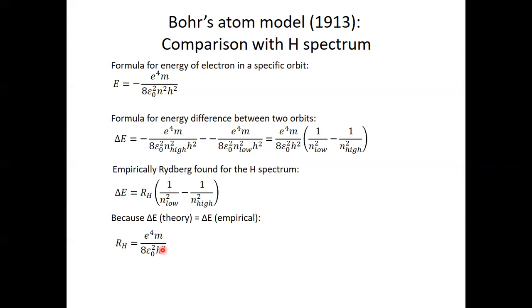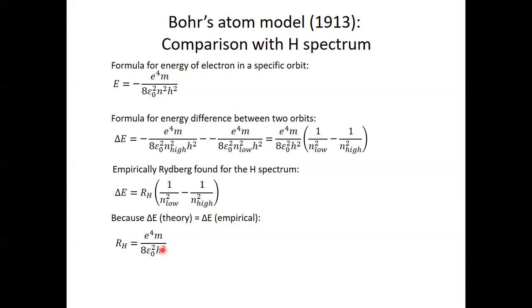Okay? And there's a reality to the quantization of the electron in the hydrogen atom. So this was of course another huge step forward, but still it left a number of questions open.